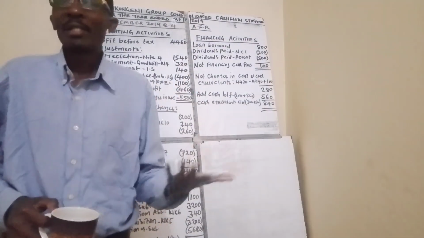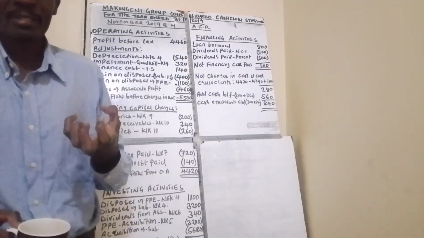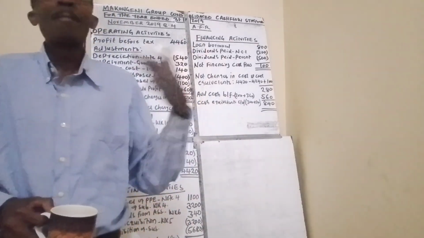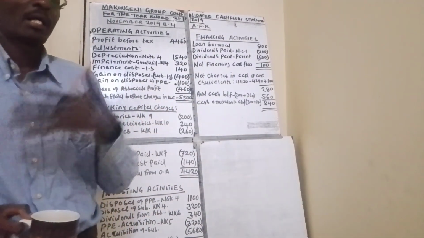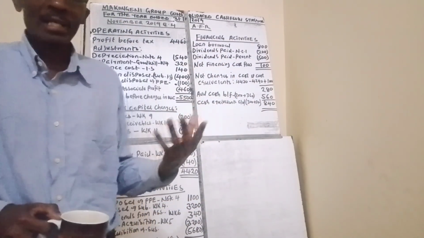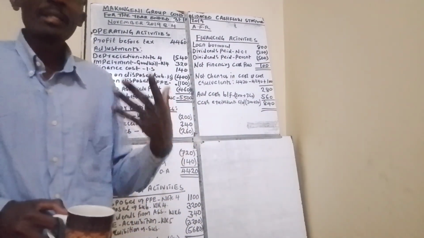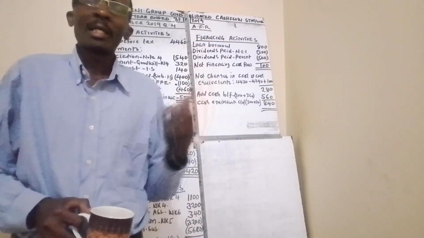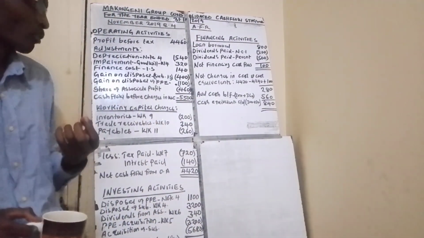The opposite applies for liabilities. If liabilities have increased, it means that we are receiving more money in terms of loans. Therefore, that will be a plus. If liabilities, that is, payables, are decreasing, it means we are paying off that particular liability, and therefore money is moving out.